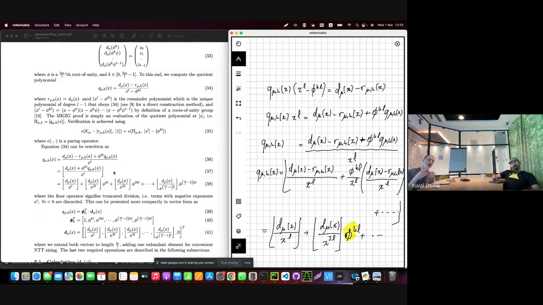So the highest monomial in d mu of x is x to the power n minus 1. So if I divide it by L, and then by 2L, and then by 3L, eventually the number of additions that I get here is nearly m divided by L. I'll remind you, m is 4096 and L is 16.